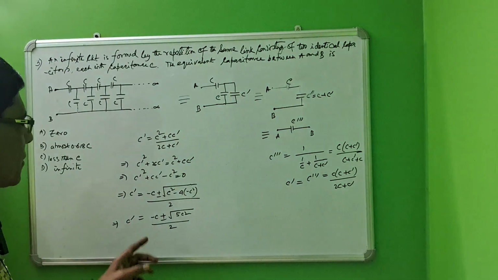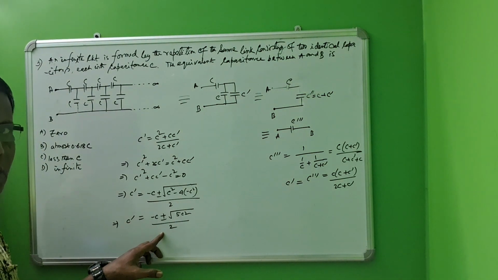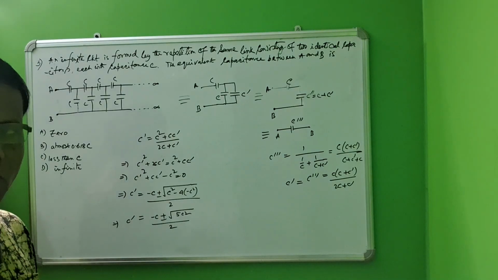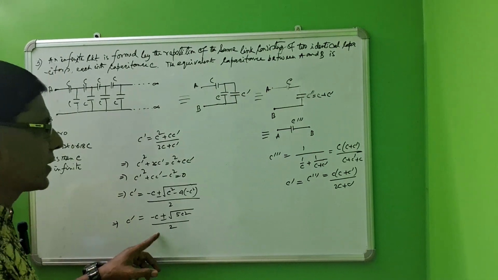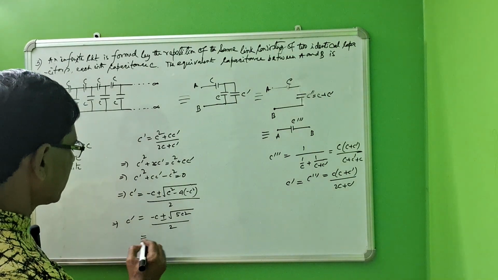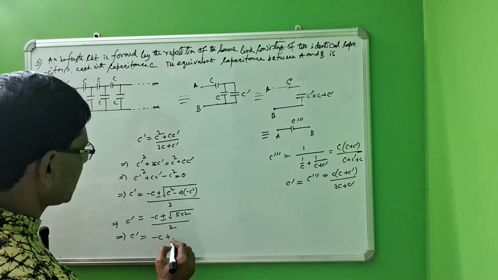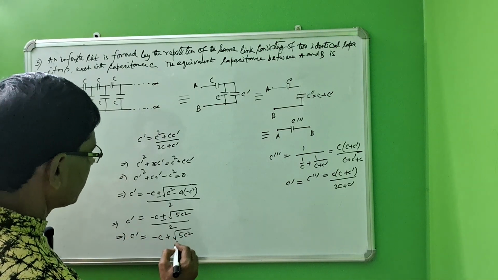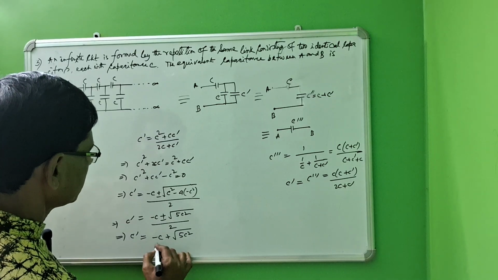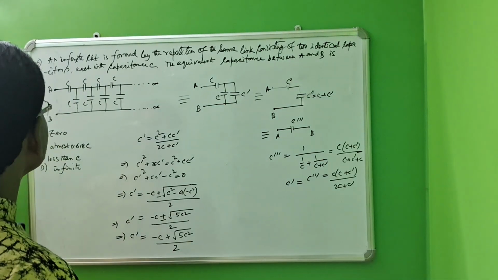Because C dash cannot be a negative quantity, the minus sign has to be ruled out, and after all we can get C dash equal to minus C plus root over 5C square upon 2.